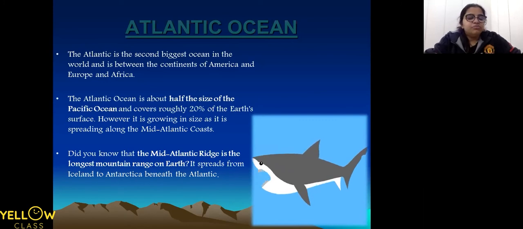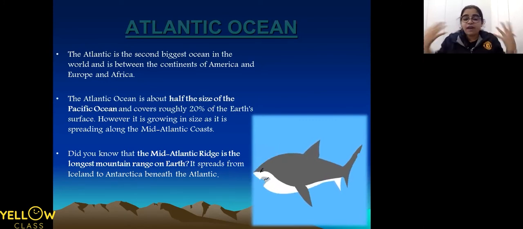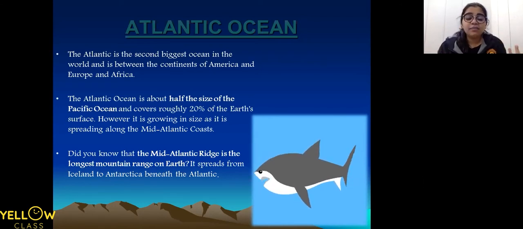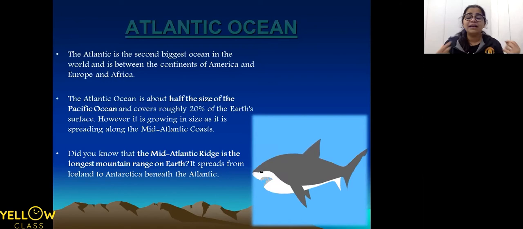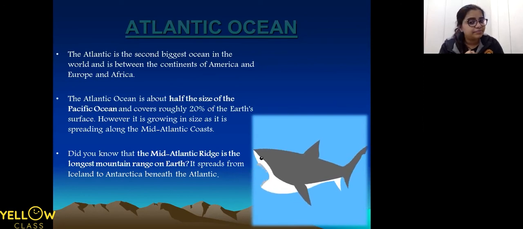Hence, you might not have heard its name in a very popular way. The other mountain ranges' names are taken. But because it is beneath the Atlantic, we don't really discuss it. But the Mid-Atlantic Ridge is actually the longest mountain range on Earth.